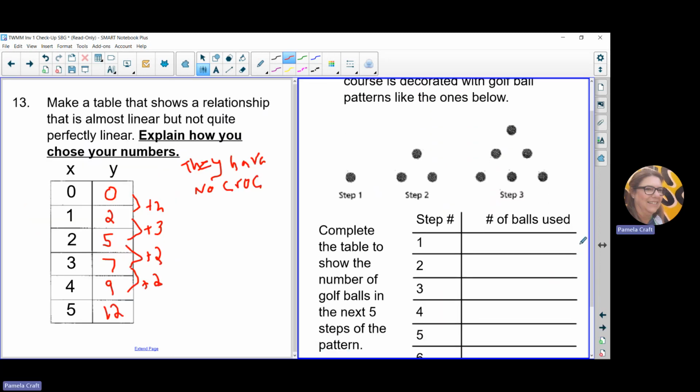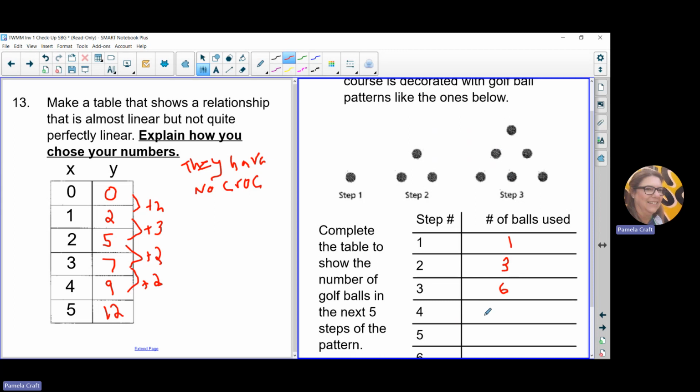In 14, they want you to determine how many balls would be used in each of these steps. So in step 1, there was 1 ball. In step 2, we have 3 balls. In step 3, we have 6 balls.